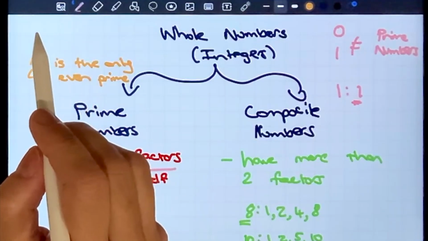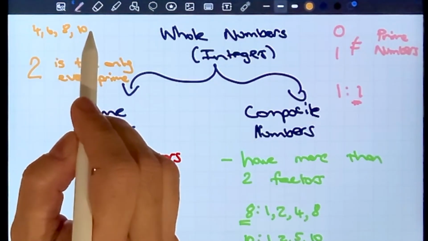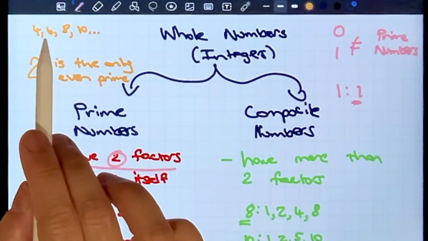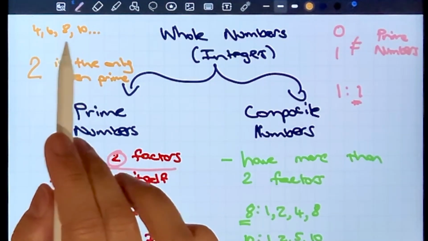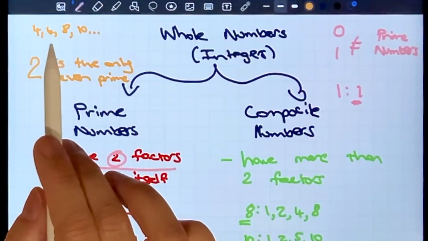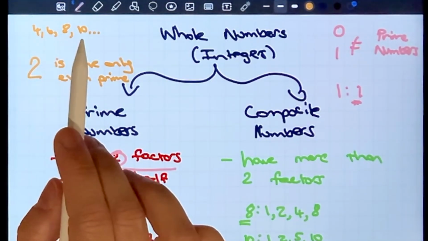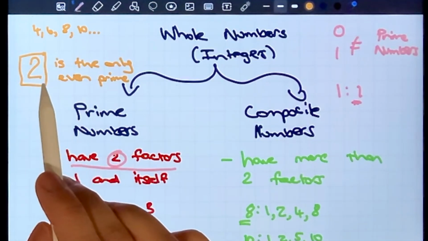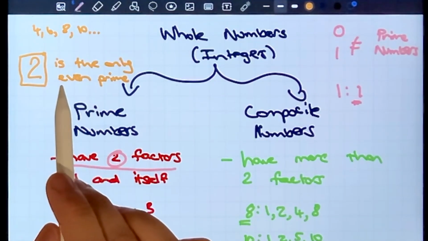So when you think of even numbers like 4, 6, 8, 10, they're all divisible by 1, by themselves, and by 2. And in fact, many of them are divisible by other numbers as well. But that's why even numbers are not prime numbers, except for 2. So 2 is an exception, and it's the only even prime number.